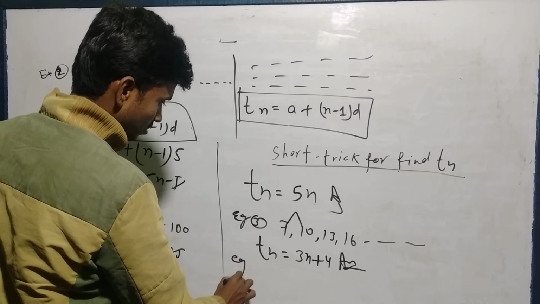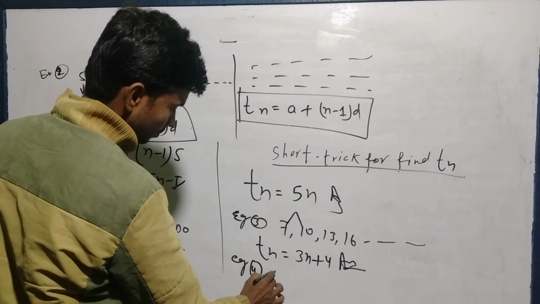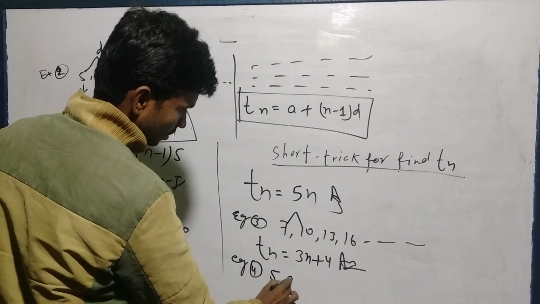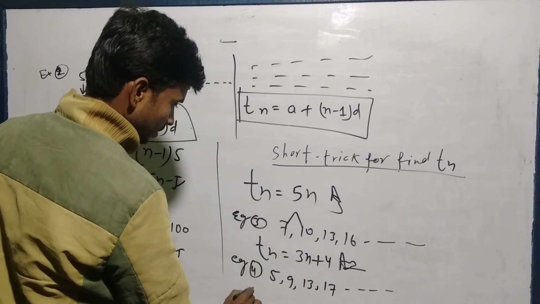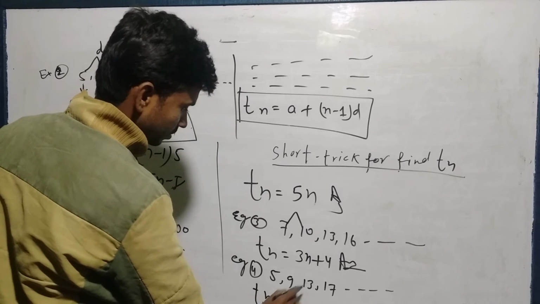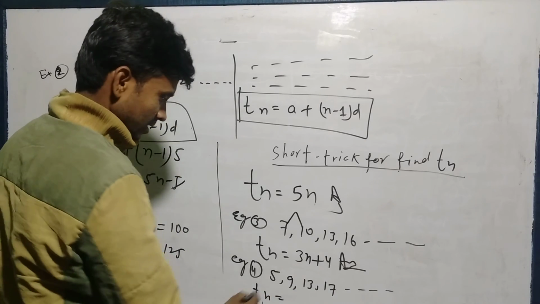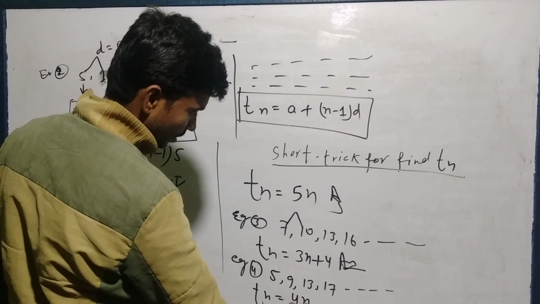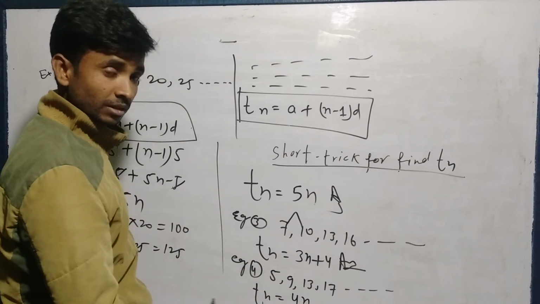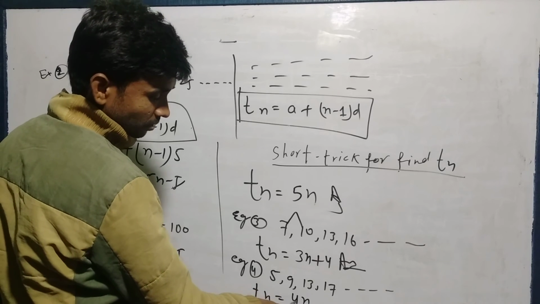Again, taking one more example: 5, 9, 13, 17. So how can you find the Tn of the given sequence? What is the common difference? 4. Put N automatically. How can you get 5 from 4?